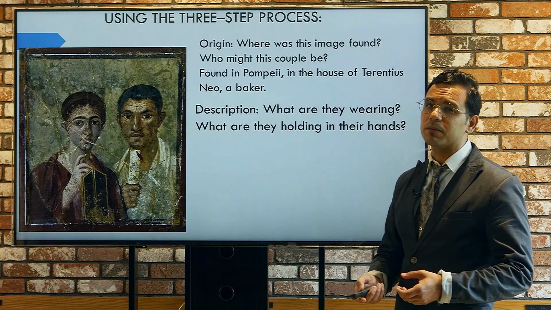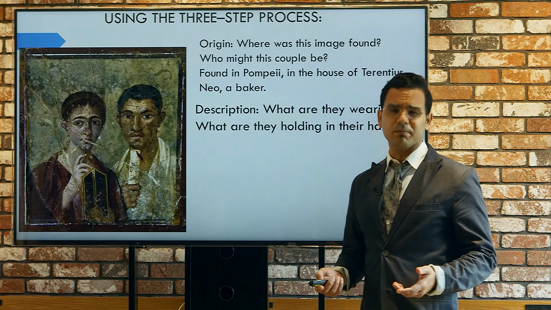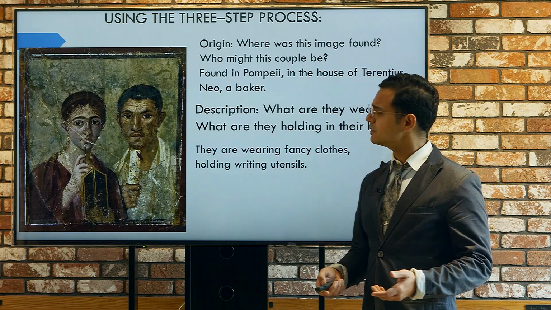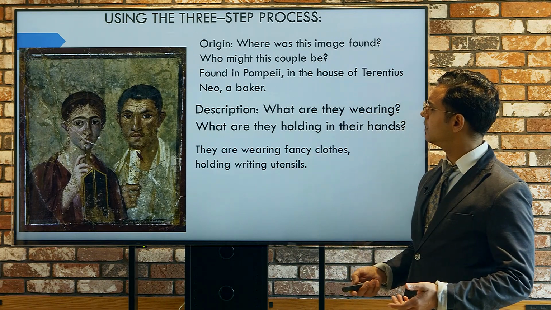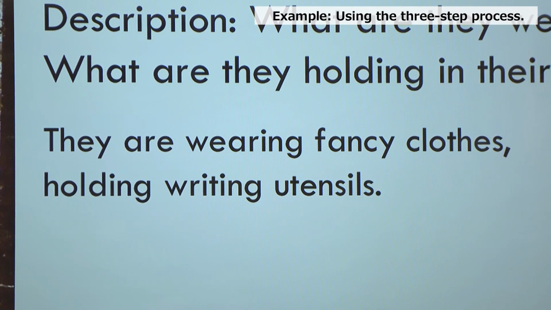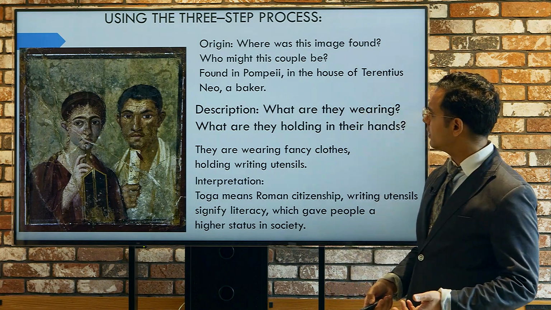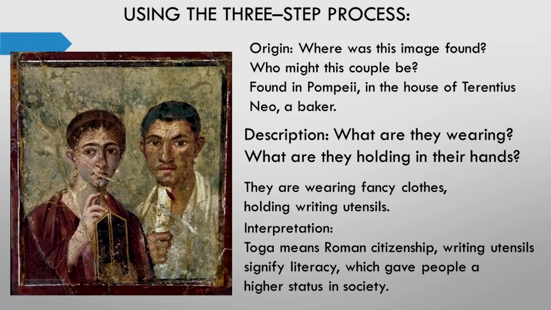Let's move on to step number 3, interpretation. What does this all mean? Now we know they're wearing fancy dress, they're holding writing utensils. What does it mean? The toga that they are both wearing represents a status.